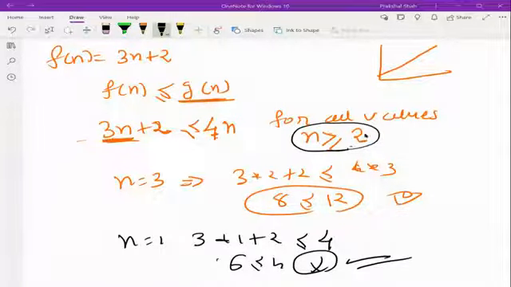Yes, g of n is the upper bound. So for n greater than or equal to 2, it is your upper bound.